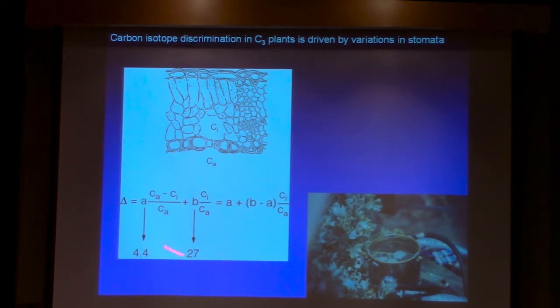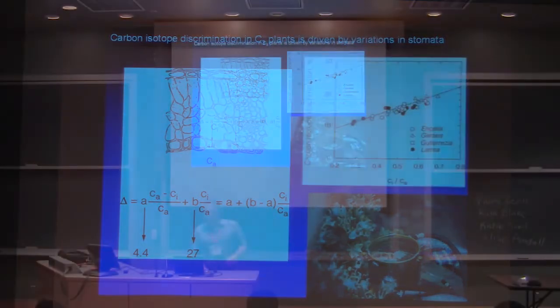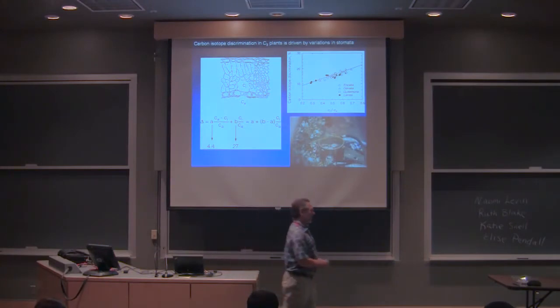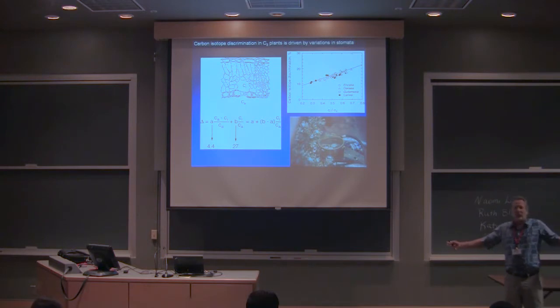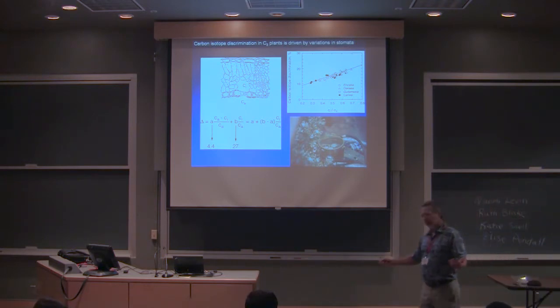So in C3 plants, it's RuBP carboxylase, and that's about 27 per mil. And then Jim showed this figure too, where he related carbon isotope fractionation to the internal to external CO2 concentration. And again, that's what's controlling the flux of CO2 into the cell and out of the cell.